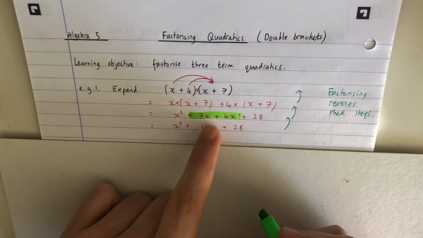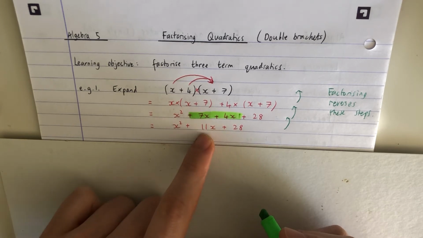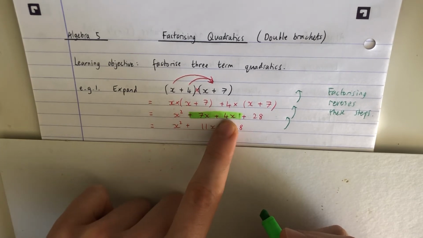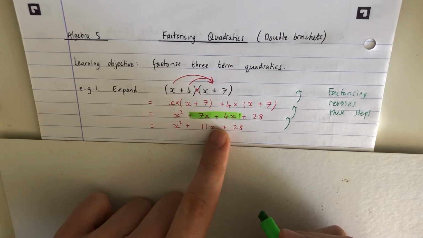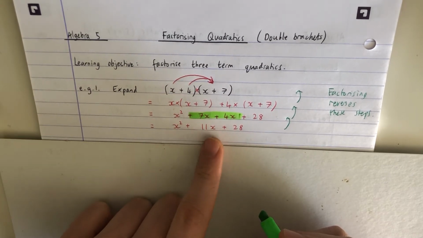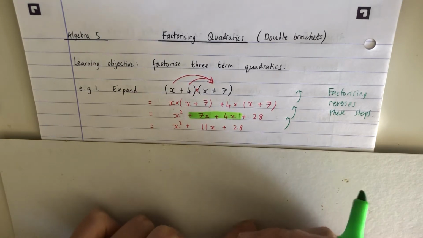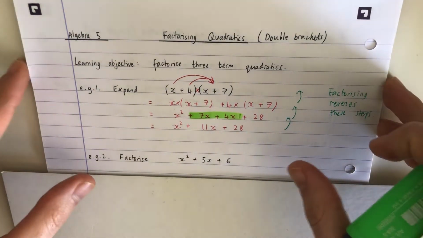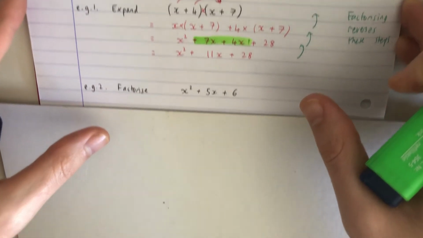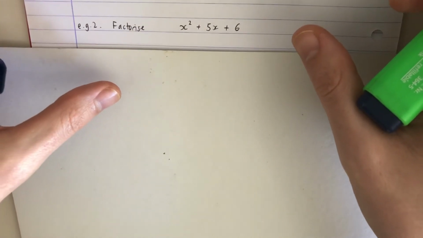So we have to be able to split, in this case an 11x, up into the 2 correct terms. And if we can't do that, then we can't get these right. And there is a pattern to every single one of these, which I'm going to try and show you with example number 2.